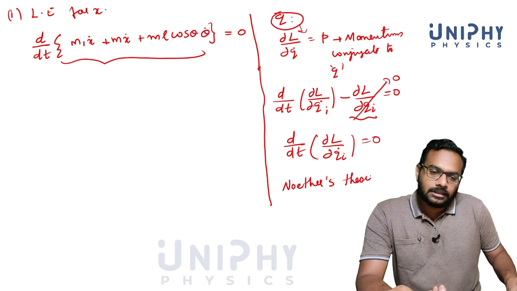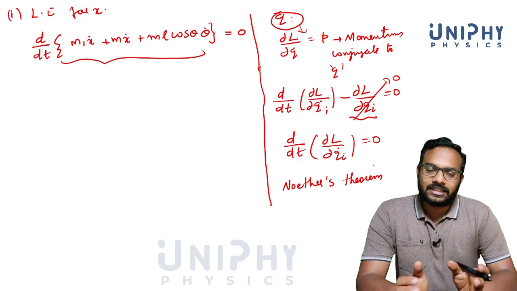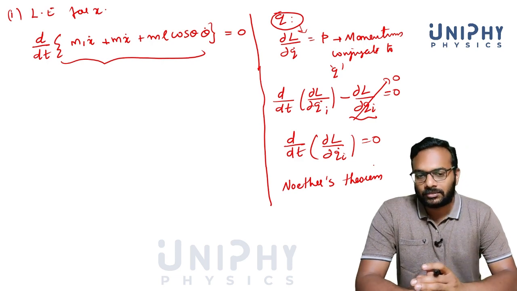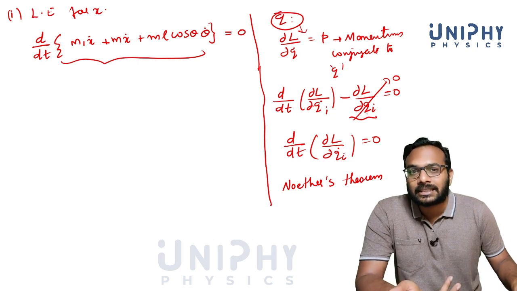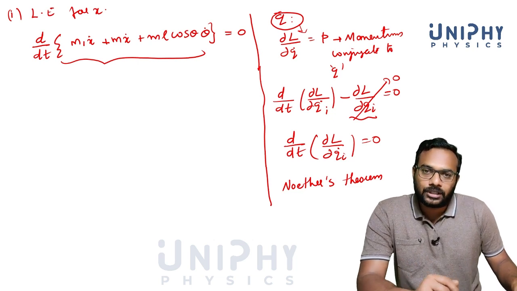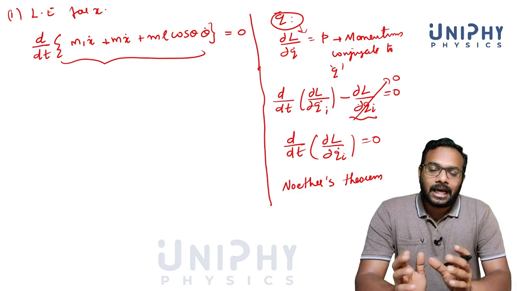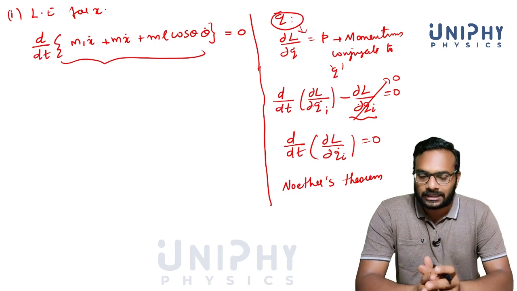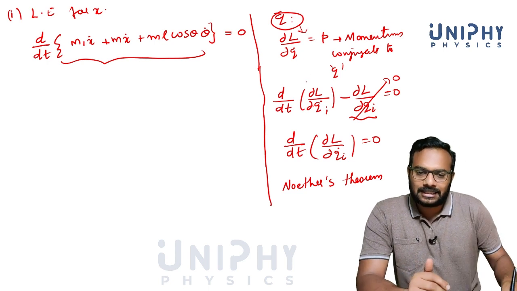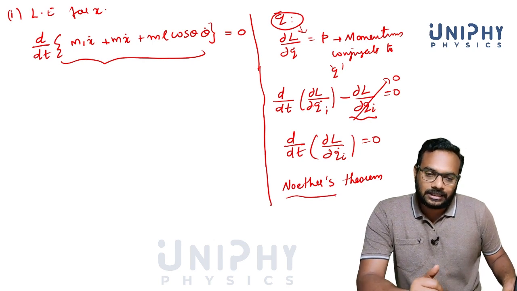Noether's theorem tells us about the relationship between conservation laws and symmetry of the system. When we say the Lagrangian does not depend on q, it means that there is a symmetry: you can change the coordinate q and the Lagrangian does not change. You do something to the system and the system does not change. This theorem says that whenever there is a symmetry, there is a conserved quantity, at least in classical physics.